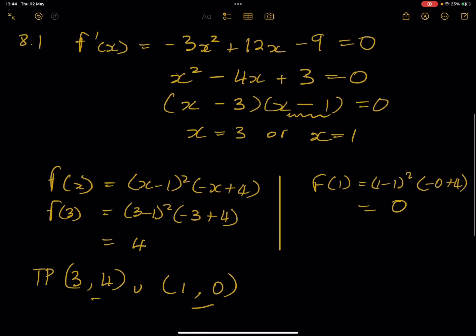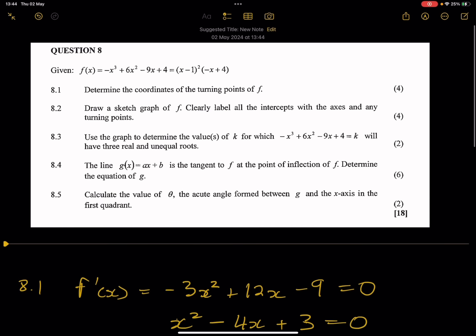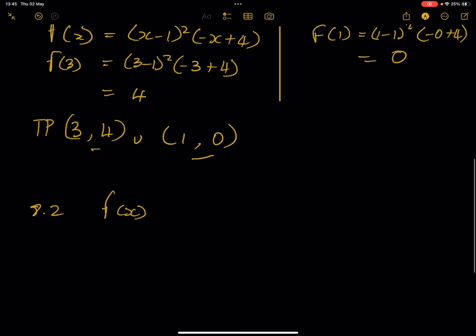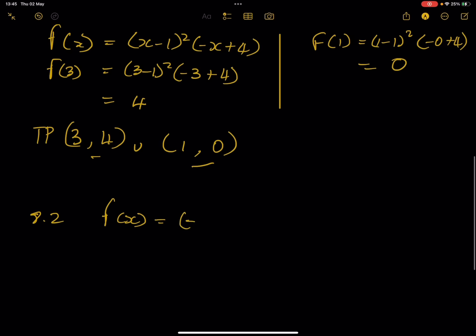All right, now, ladies and gents, the next question is draw a sketch graph of f, clearly label all intercepts with all axes and any turning points. So in this case, remember for my x-intercepts, f of x, we said this was equal to x minus 1 all squared and minus x plus 4.